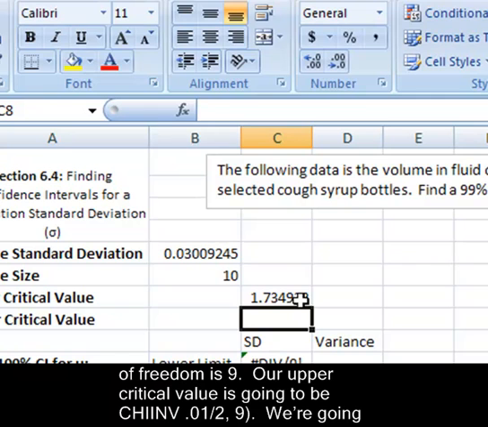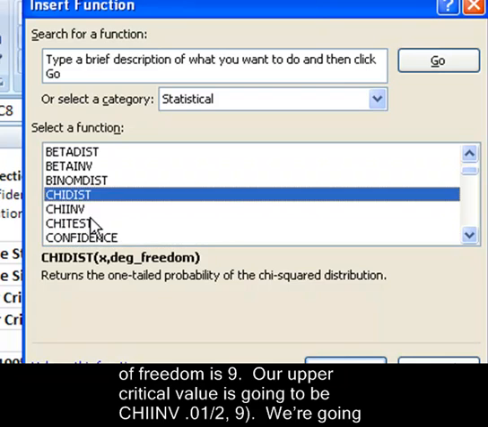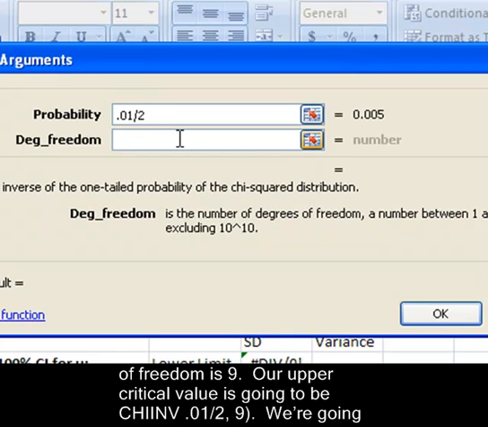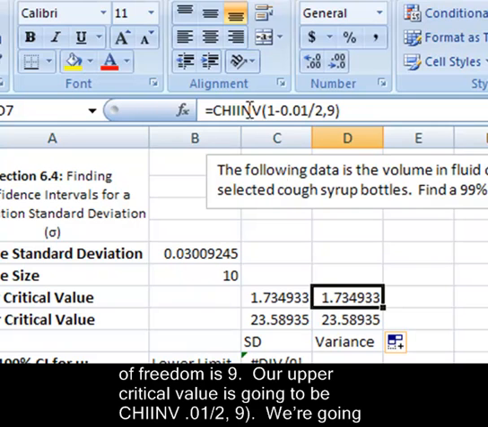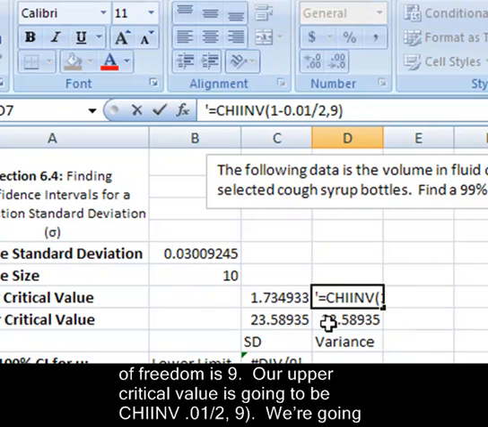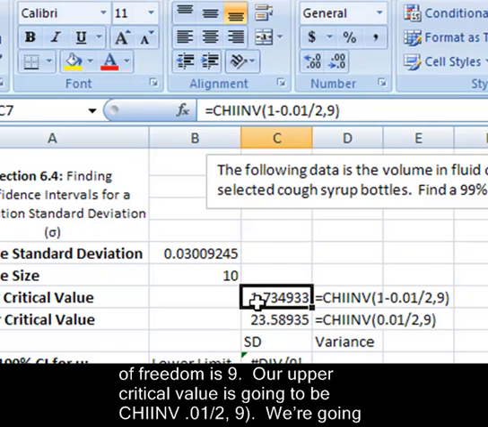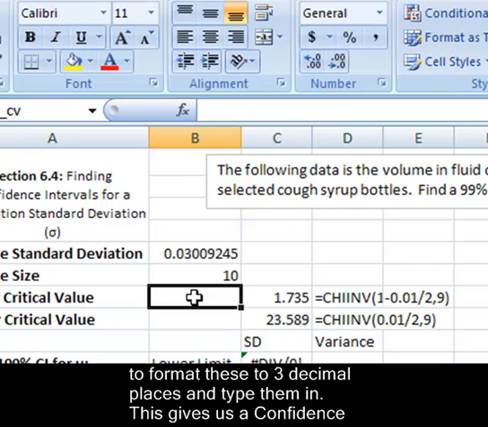Our upper critical value is going to be chi inverse for 0.01 divided by 2, 9. We're going to format these to 3 decimal places and type them in.